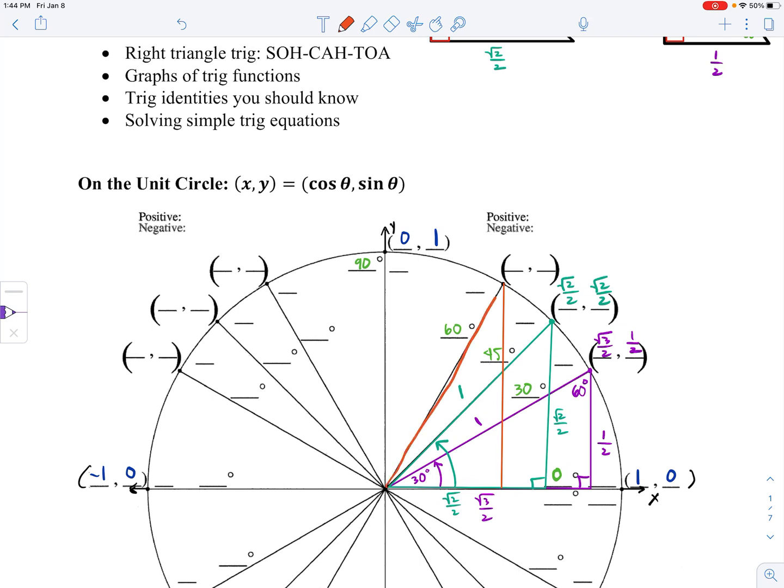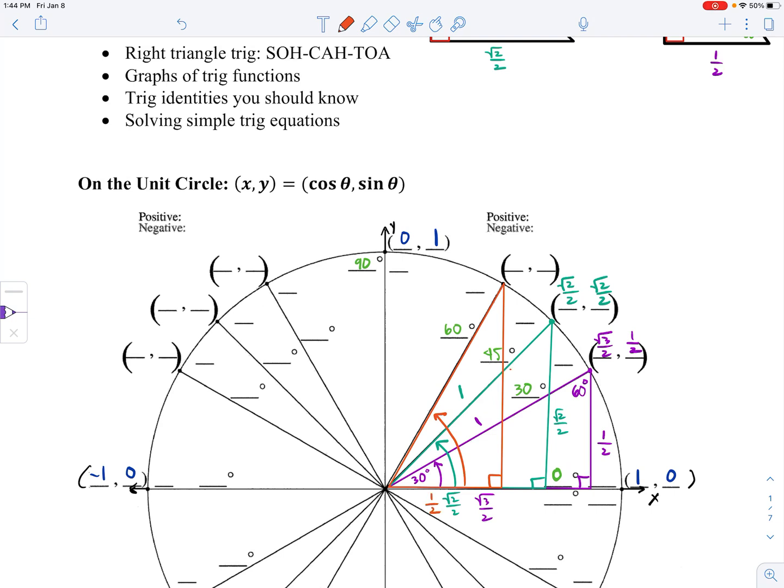And then thinking about rotating the 30, 60, 90 triangle, right? So now this would be 60 degrees, and then the other angle would be 30 degrees.